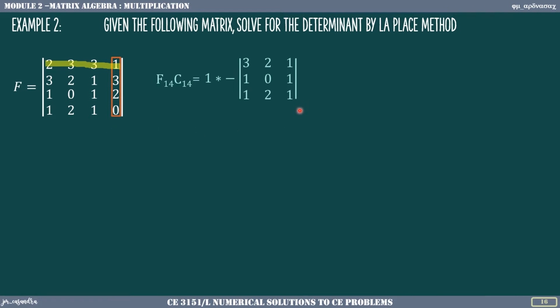With that, we can now solve for our product. So we'll have 1 times negative 0, 2, 2. Upward diagonal, so we have 0, 6, 2. That will now be equal to 1 times negative 4 minus 8, or that's equal to 4.